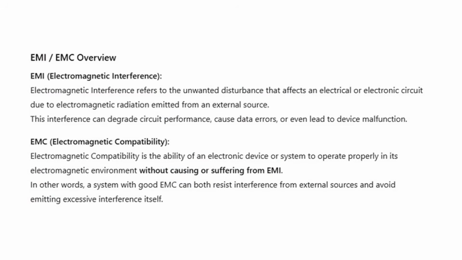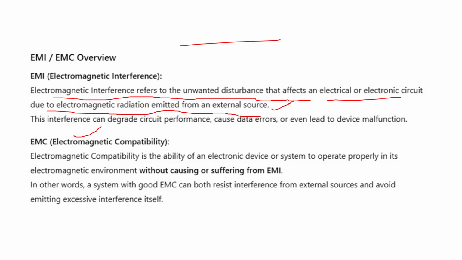Okay, here are some more details about electromagnetic interference. Electromagnetic interference refers to the unwanted disturbance that affects an electrical or electronic circuit due to electromagnetic radiation emitted from an external source. An external source may be any electronic circuit, because wherever current is passing, we have already learned that it will cause some electromagnetic radiation, right?